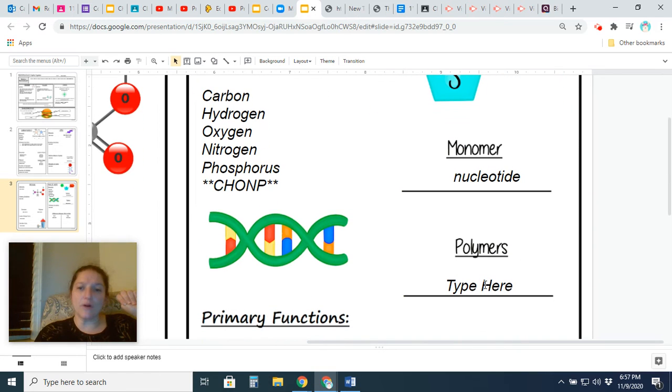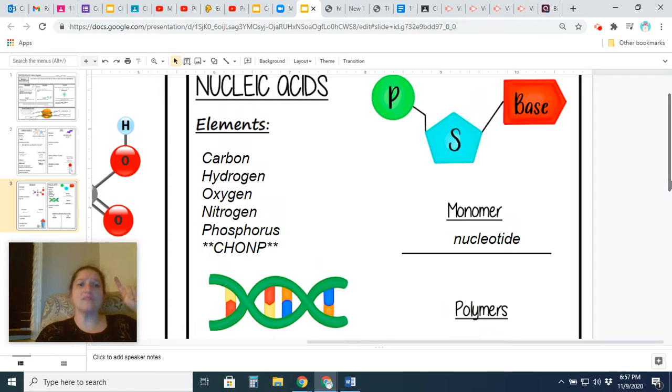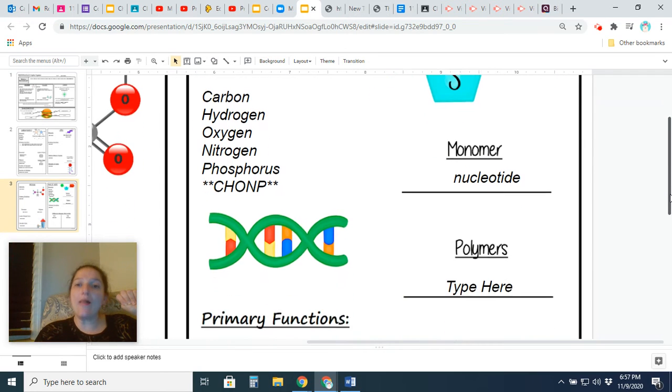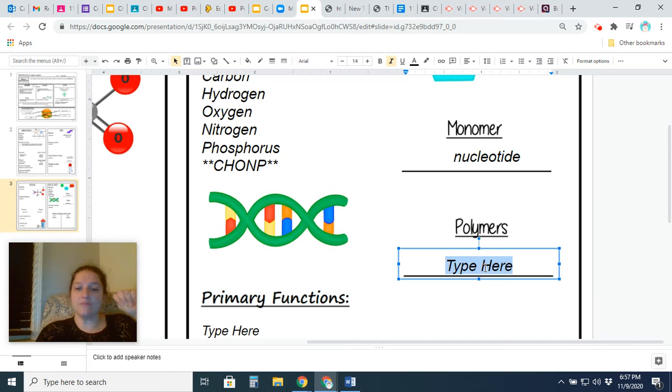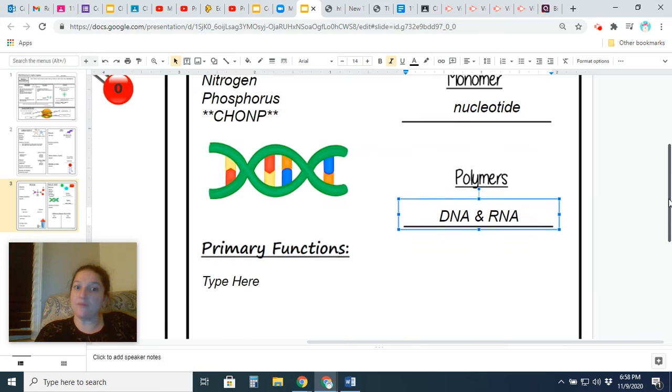These nucleotides are the building blocks of the nucleic acid, because that's what a monomer is. So what are the polymers of the nucleic acids? The polymers are going to be DNA and RNA. I'm sure you have heard about DNA and RNA before.